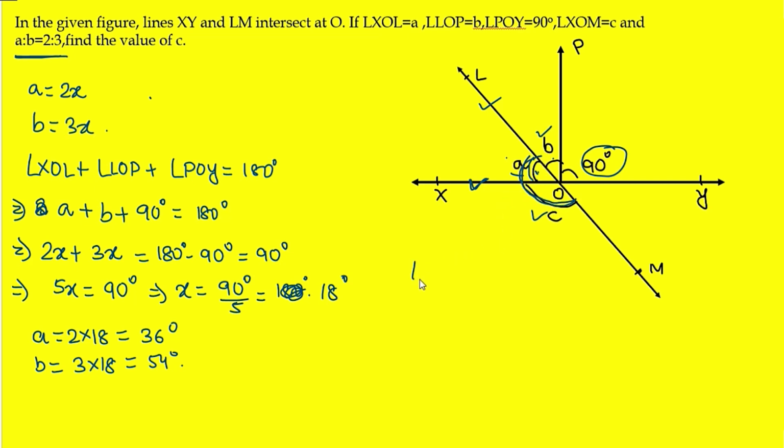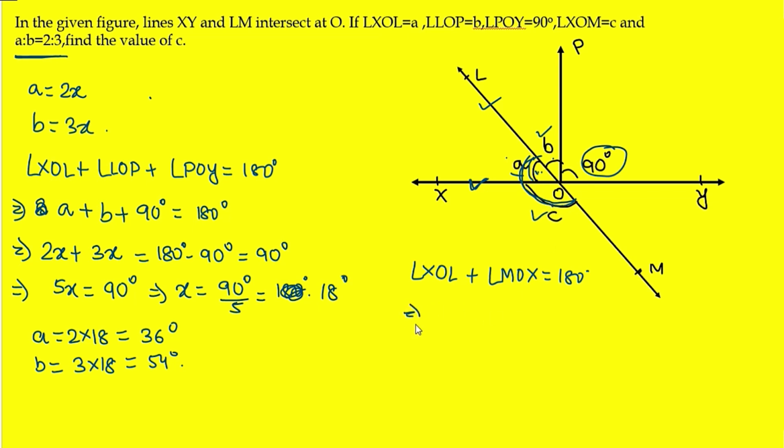So we can write that angle XOL plus angle MOX equals 180 degree, right? Since LM is a straight line and OX is a ray standing on it, and these are adjacent angles, the sum of them will give us 180 degree, right?